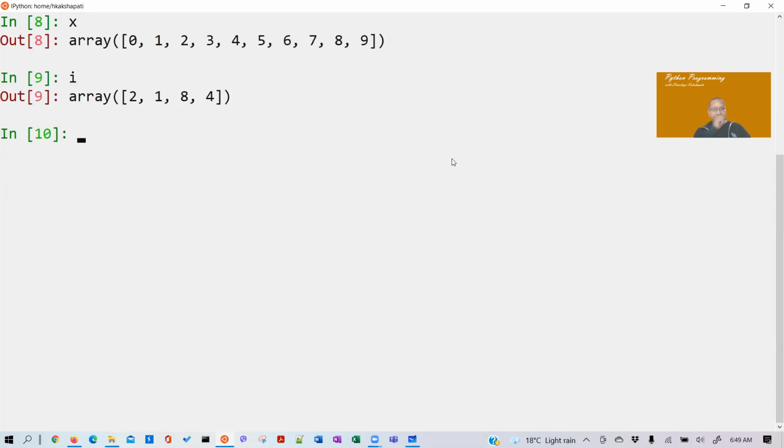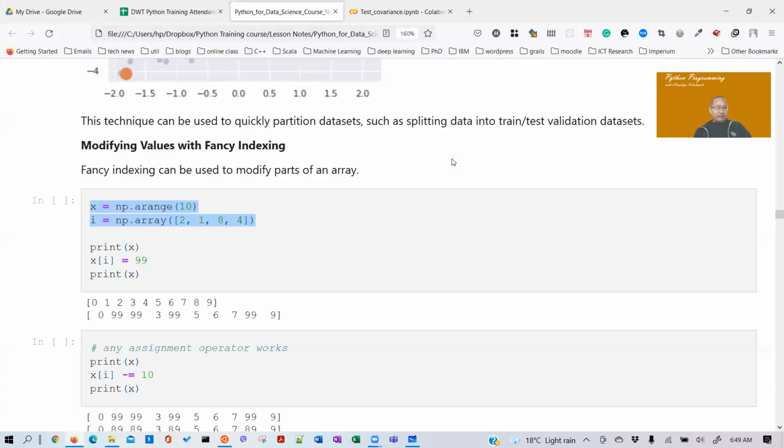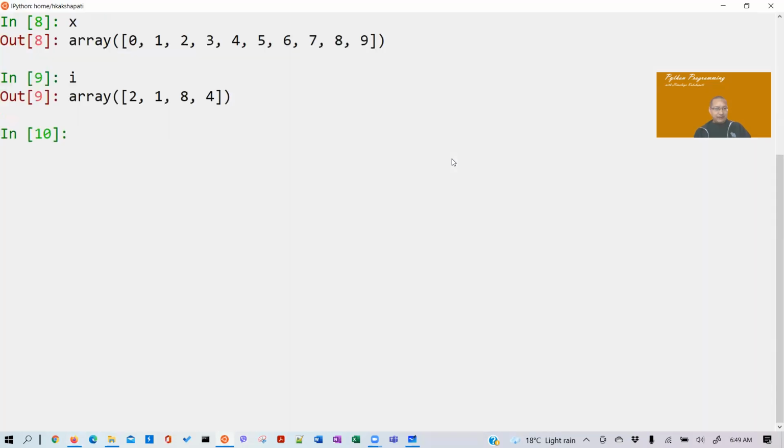Now, what if I do this? What if I do x of i, which is an array, equal to say 999?